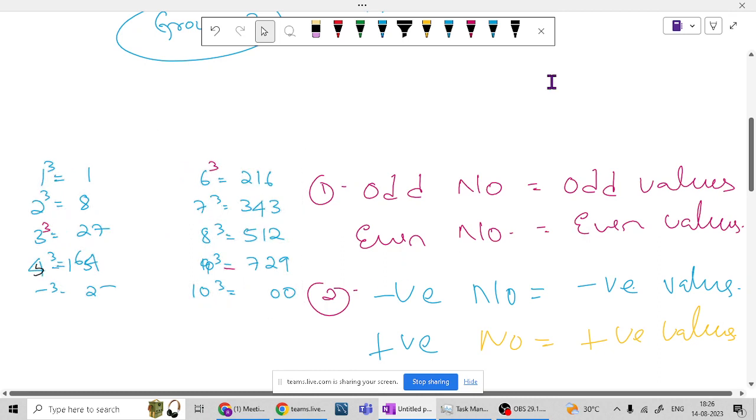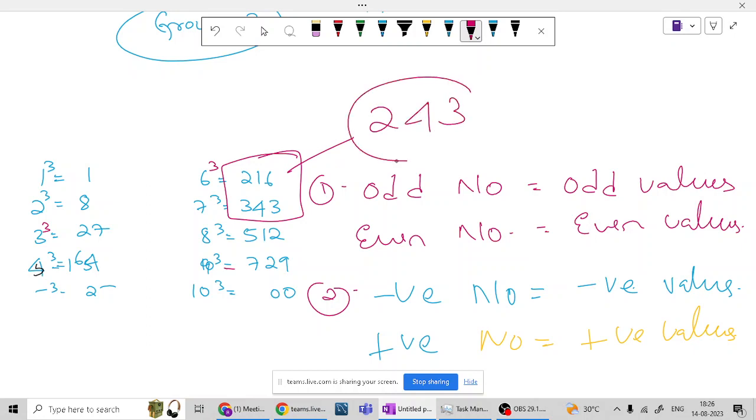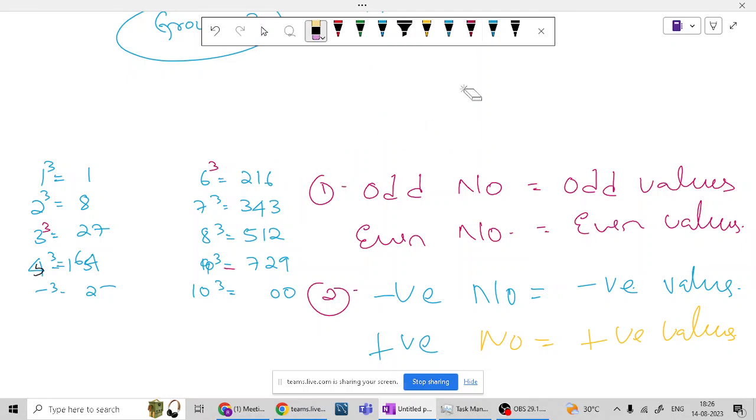In between which two values? 243 lies between 216 and 343. Do we have a number 243? No. So it can't be a perfect cube. If you memorize these values, you can instantly give the direct answer. 243 is not a perfect cube because it doesn't have 3 same numbers.